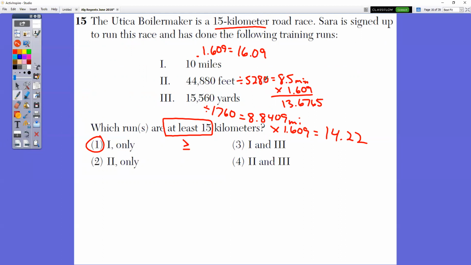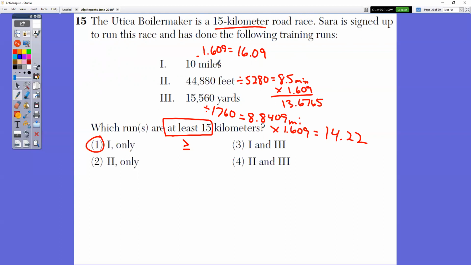In question number 15, this one's a little bit more complicated as well. You have to refer back to your reference sheet. On your reference sheet, it does tell you that 1 mile equals 1.609 kilometers. So it says that this race is a 12-kilometer race, which run are at least 15 kilometers.